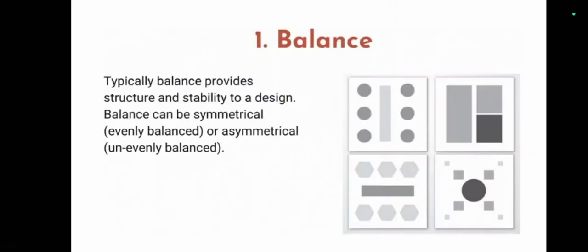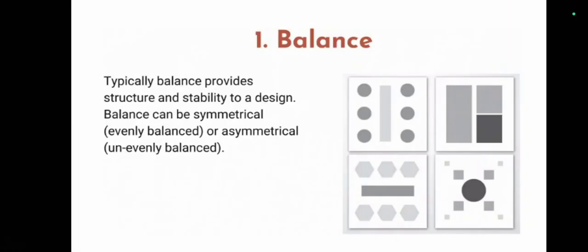So the first one is the balance. Typically the balance provides structure and stability to a design, by distributing the weight of the design. If you see here, there are 4 designs we have kept.